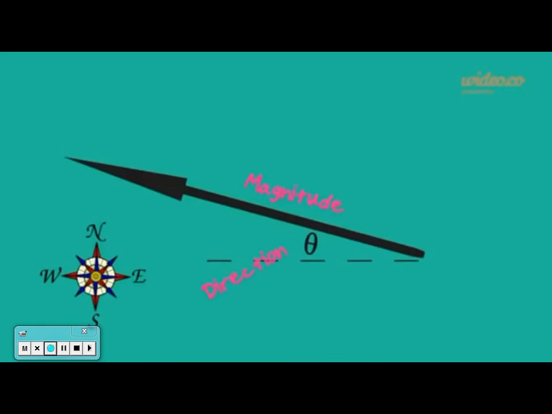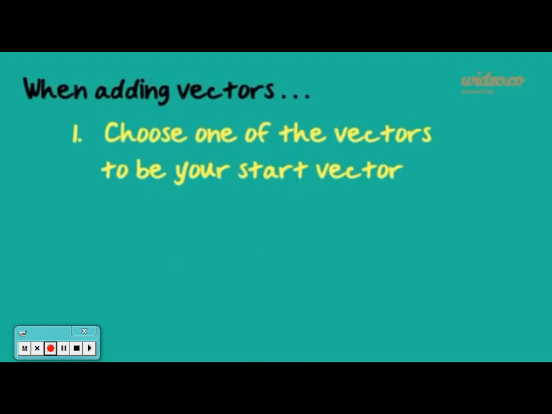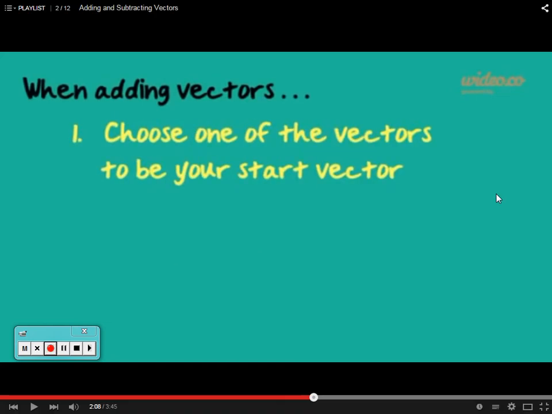So when adding vectors, these are your notes. You have to choose one of the vectors to be your starting vector. When you add anything together in mathematics, it doesn't matter if it's a vector or a scalar, you have to realise that addition is what we call commutative and associative.